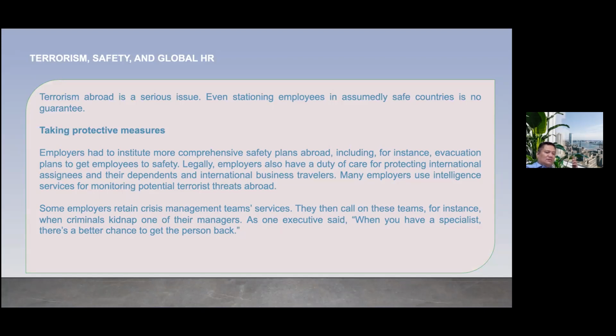Many employers use intelligence services for monitoring potential terrorist threats abroad. Some employers retain crisis management team services. Then they call on these teams, for instance, when criminals kidnap one of their managers. Like one of the executives said, when you have a specialist, there's a better chance to get the person back.